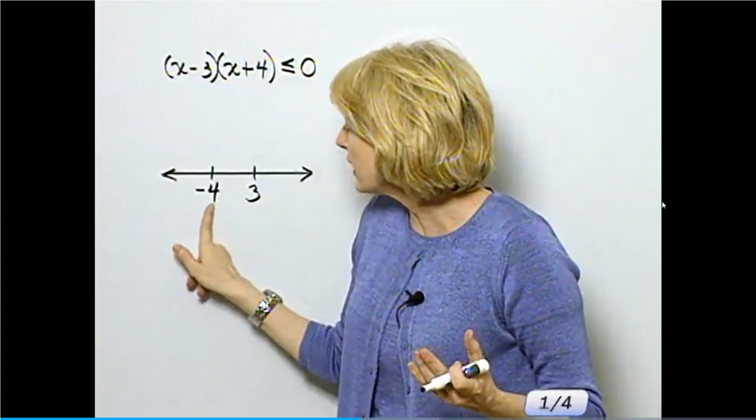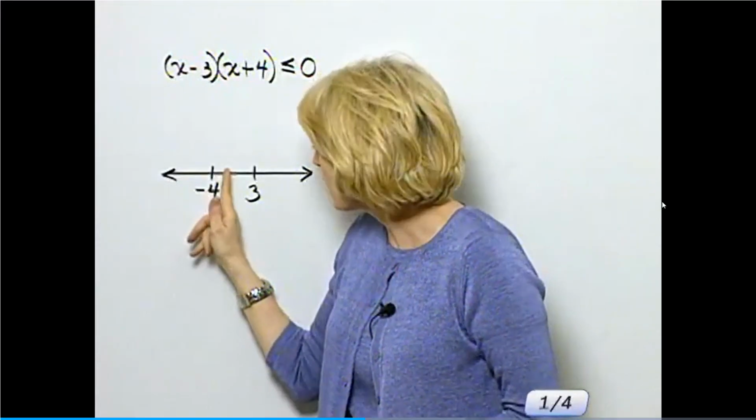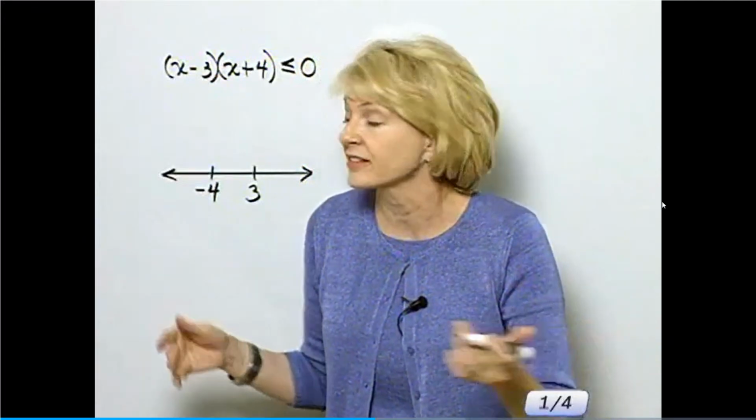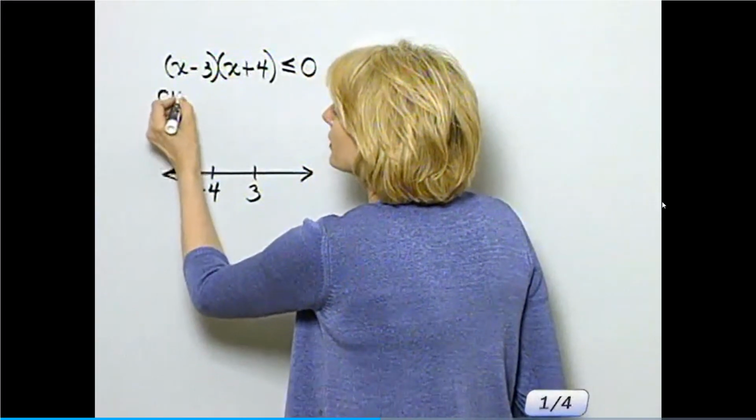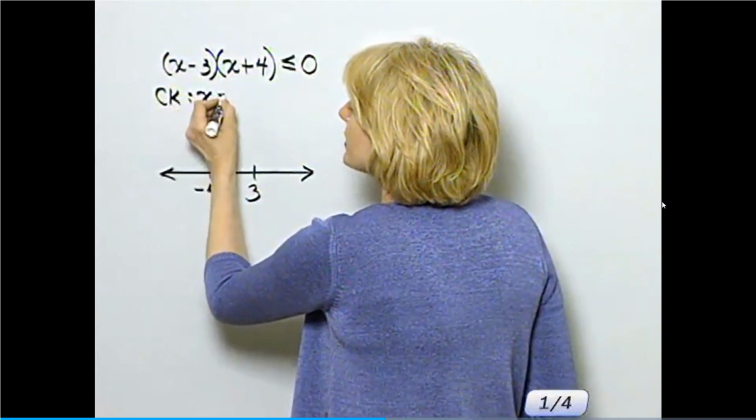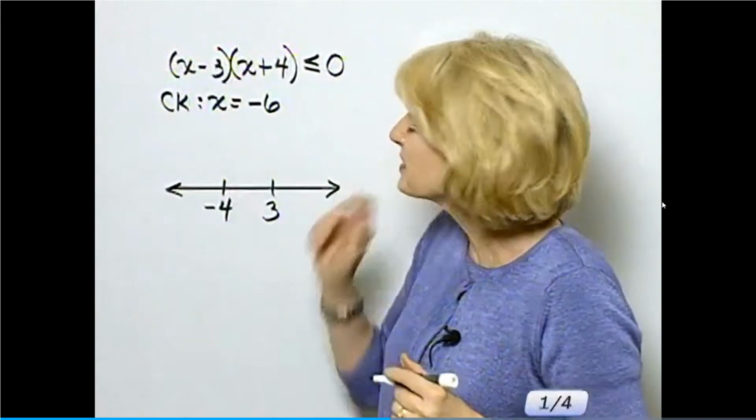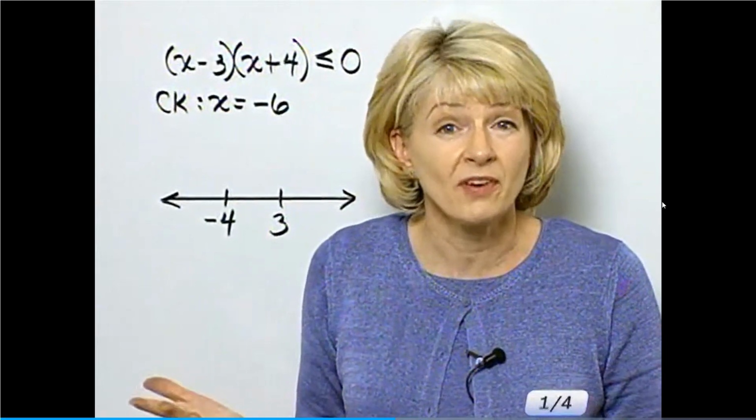Pick any point less than -4 that would lie in that first region. Say -6. Let's check -6. Either -6 makes that a true statement or a false statement.